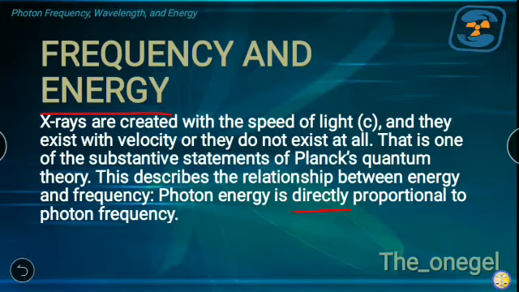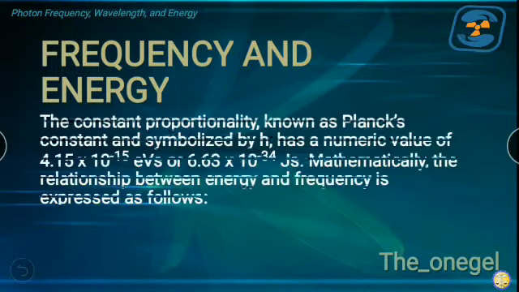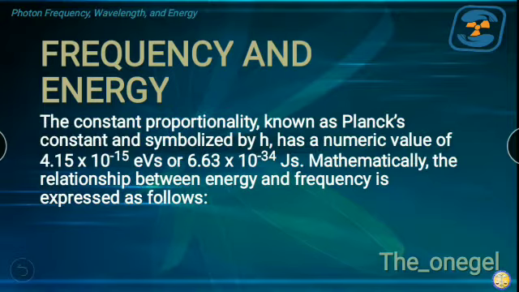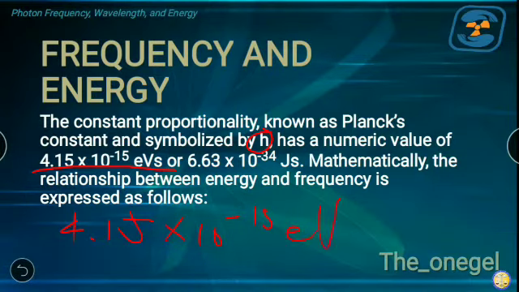Kasi nga, they are directly proportional. What else? So, the constant proportionality known as Planck's constant and symbolized by small letter h has a numeric value of 4.15 times 10 raised to the negative 15 electron volt second. So, this is written as 4.15 times 10 raised to the negative 15 electron volt second.